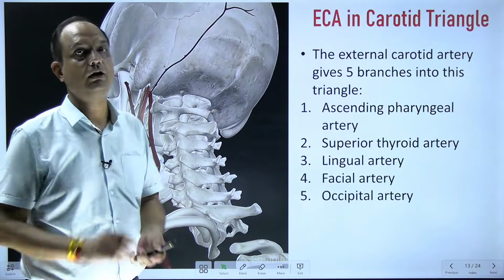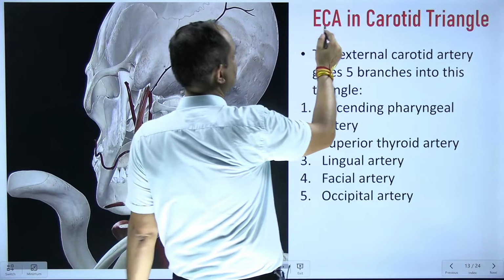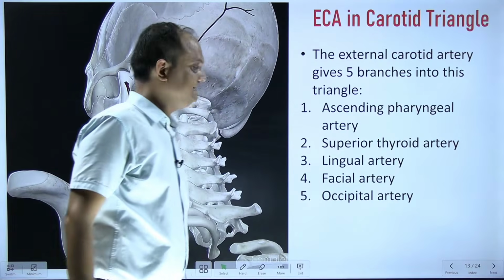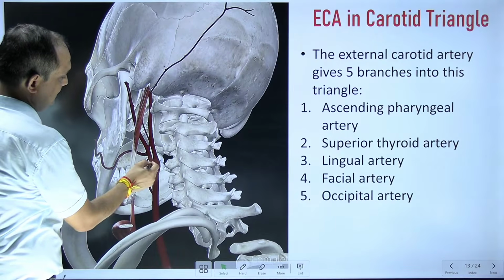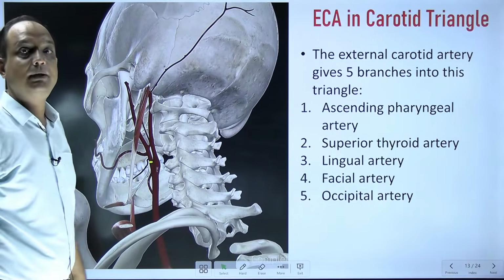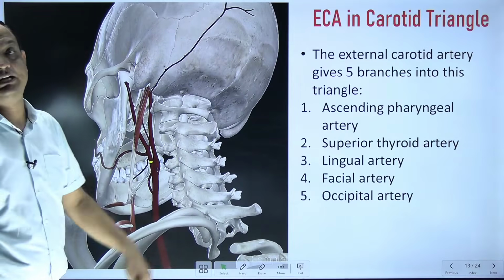Now we'll talk about another content of the carotid triangle, that means the external carotid artery. I already told you that the external carotid artery arises at the upper border of the lamina of the thyroid cartilage and it remains outside.